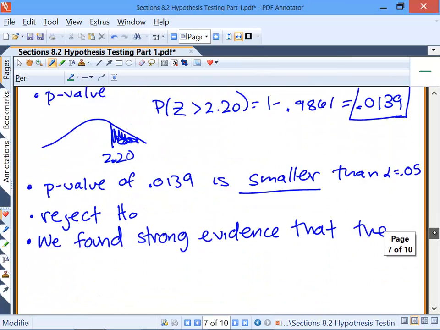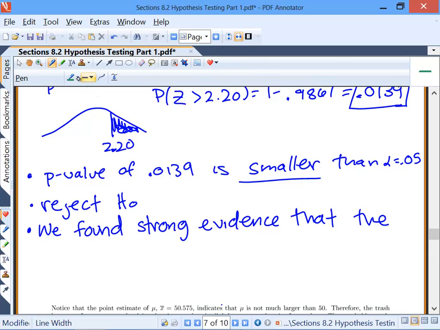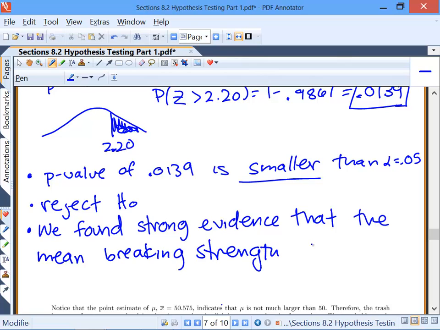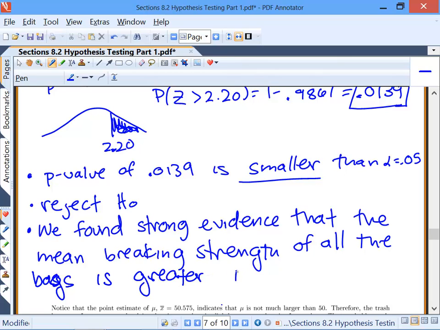So what happens is we found strong evidence that the mean breaking strength of all the bags, since it's the population mean, is greater than 50.